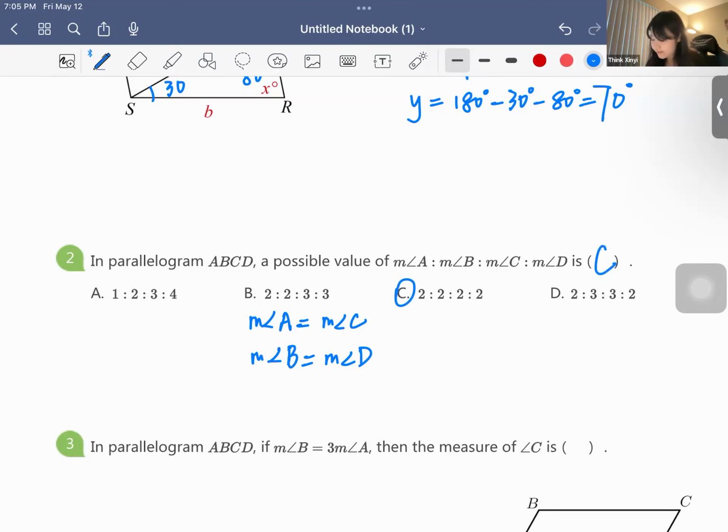If that's the case, all the angles should be 90 degrees, right, guys? So pay attention to the sequence here, okay? That's another question to help us review the basic properties of a parallelogram.